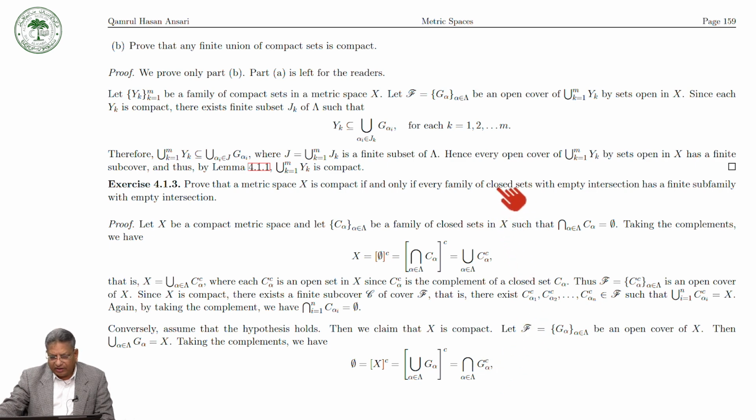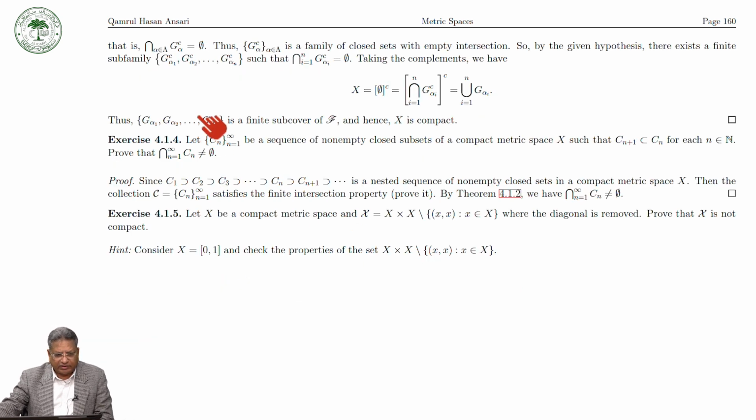So this is a family of closed sets with empty intersection, and by the given hypothesis there exists a finite subfamily, G alpha 1 complement, G alpha 2 complement, up to G alpha n complement, such that the intersection of all these sets must be empty.